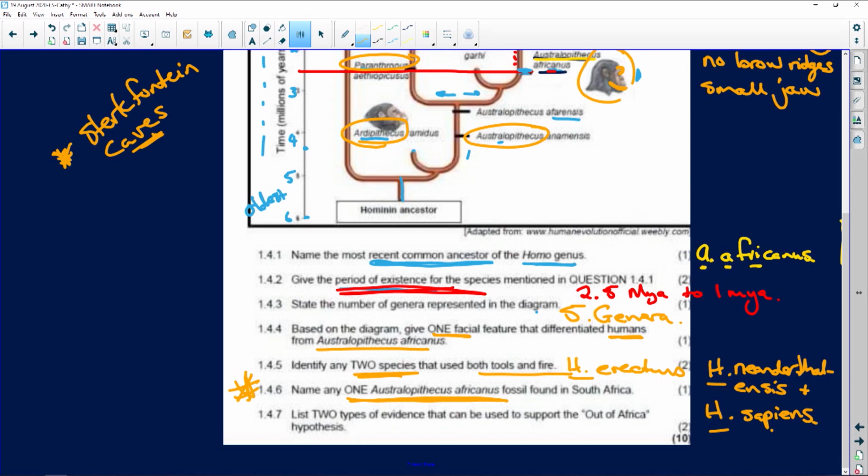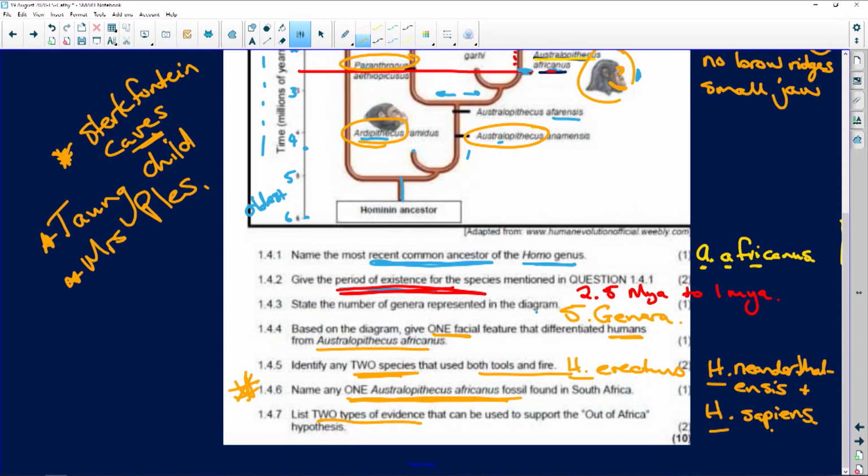So your two Australopithecus africanus fossils were the Taung child, or you could have said Mrs. Ples. These two are popular. They're things you're supposed to know anyway.